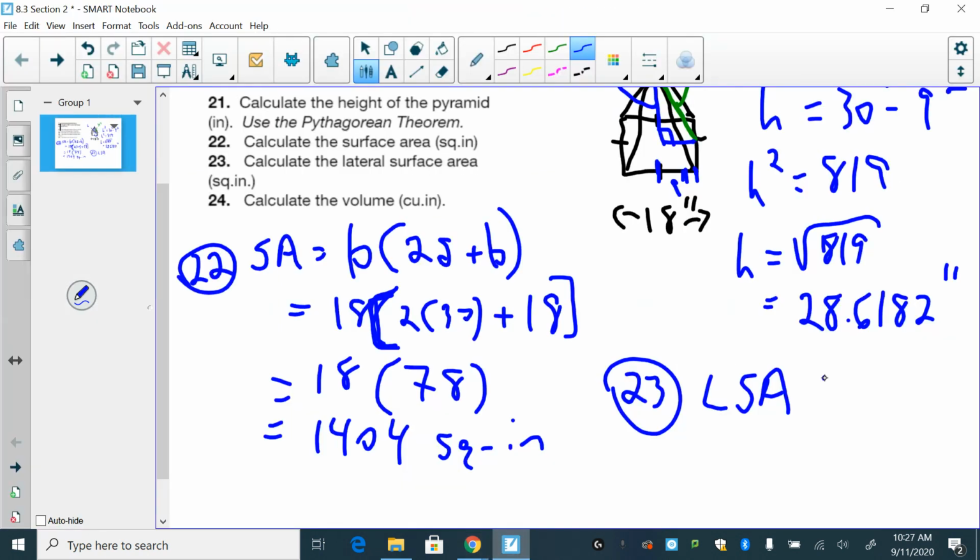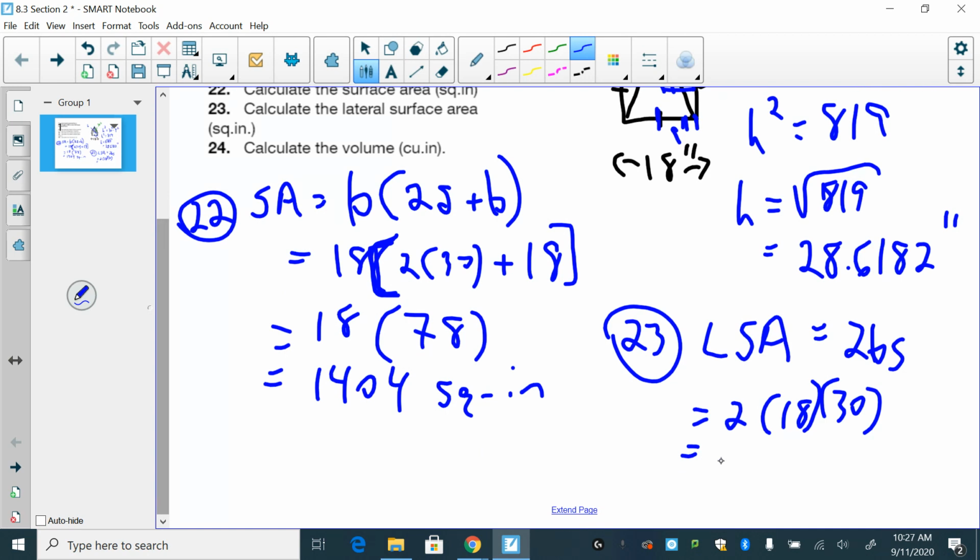So it's 2BS, which equals 2 multiplied with the base, which was 18, and the slant length was 30. I'll just punch that in my calculator. 2 times 18 times 30 equals, and I get an answer of 1080. Okay, so that's in square inches as well.